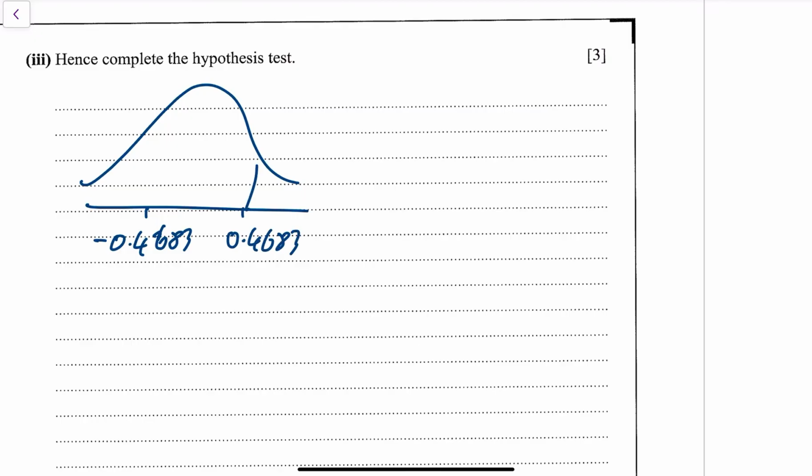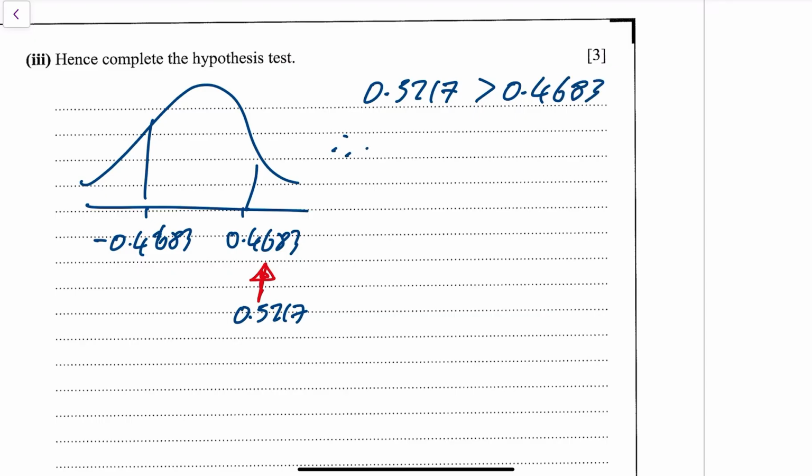My value appeared in here, so I would just say 0.5217 is greater than 0.4683. Therefore, it's in the critical region.